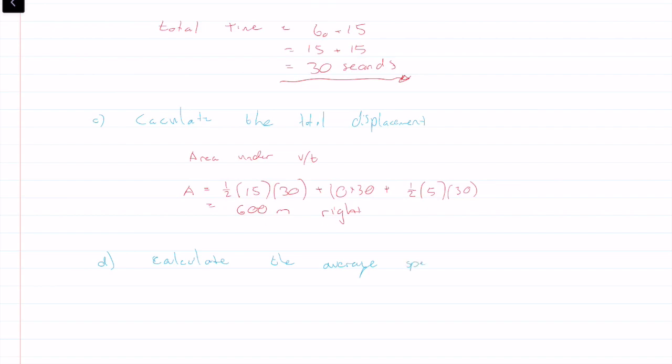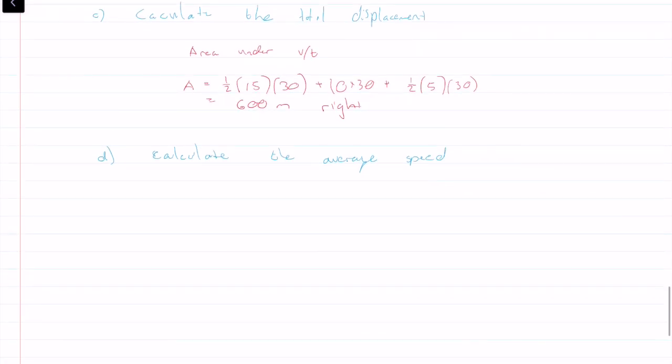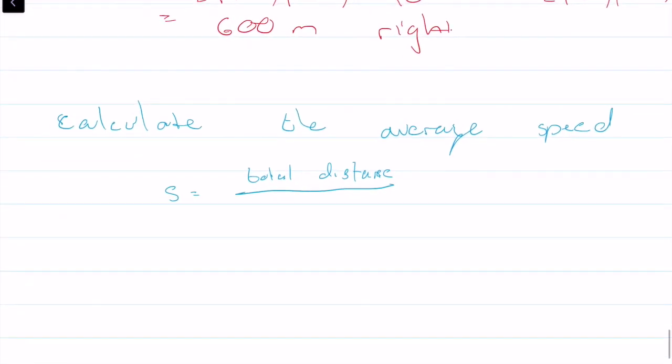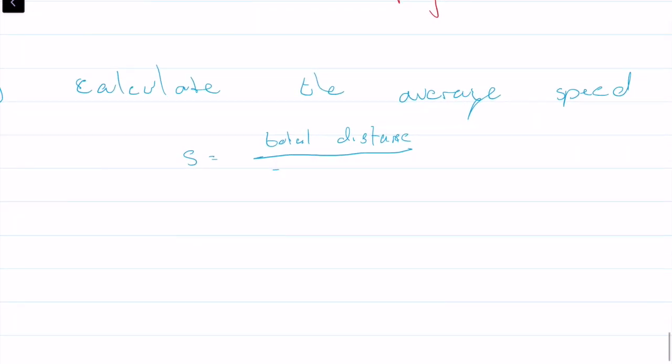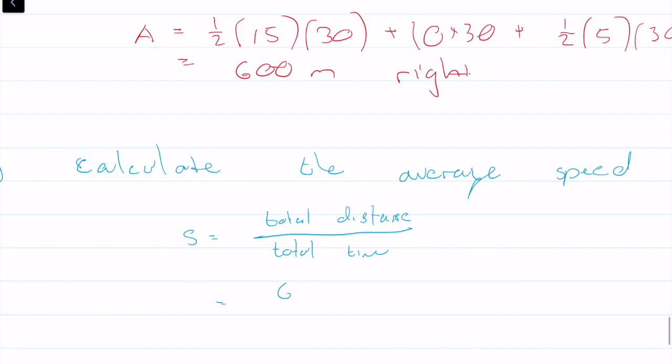Okay, so what is our average speed? Speed equals the total distance divided by the total time. Do we know what these are? We just worked out the total distance, which was 600, and we know the total time was 30 seconds.